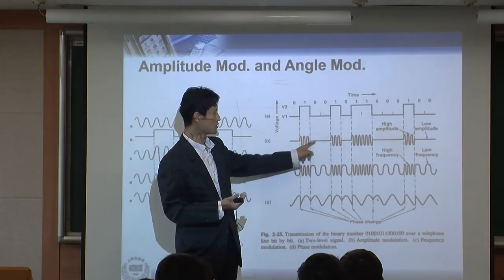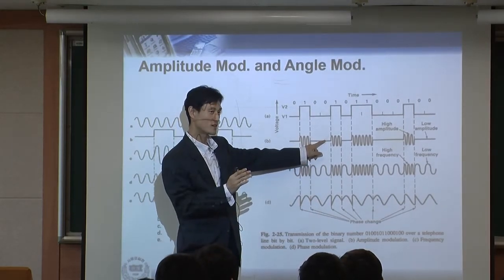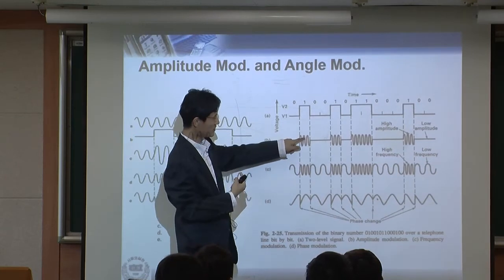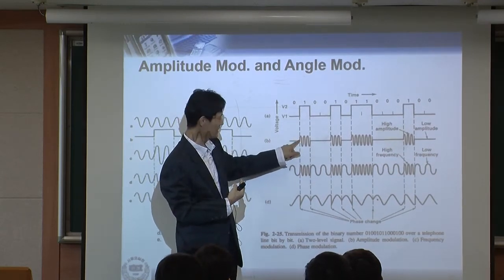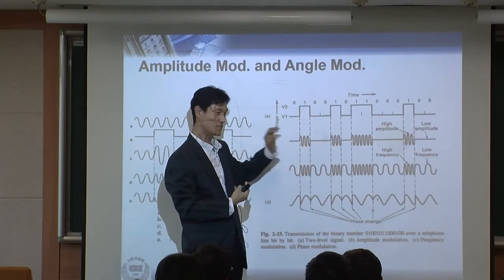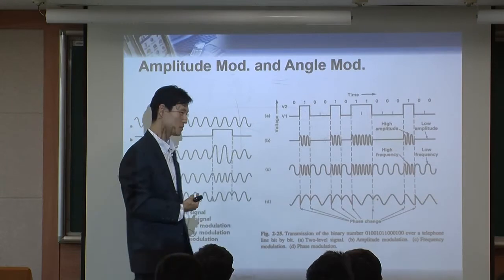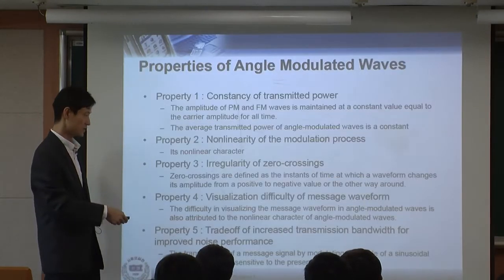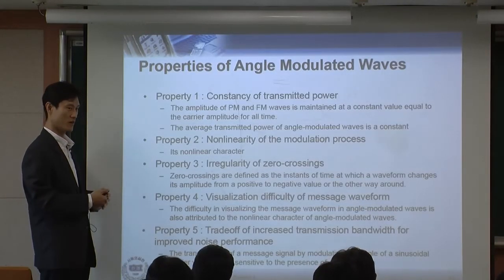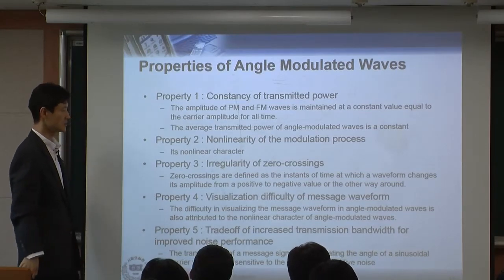When you look at the amplitude modulation, it's very clear. We can easily find out, oh, here's a 0, here's 1, 0, 0, 1. But in frequency and PM, typically that's very difficult. So it's a visualization difficulty of your message in the transmitted waveform.